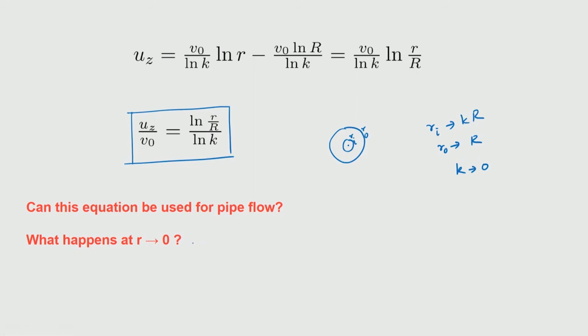Okay, so that is what I wanted to alert, saying that when we use a boundary condition while arriving at the equation, then anything that violates that particular condition should be watched out for. So the boundary condition in this case is that at r tends to 0 there is no problem, but then when you extend the domain, there will be a problem if you apply it for a cylindrical pipe flow case. So we should not use it. The solution for the annular case should be used only for annular axial flow.